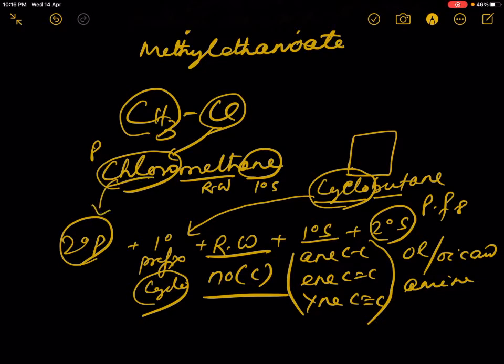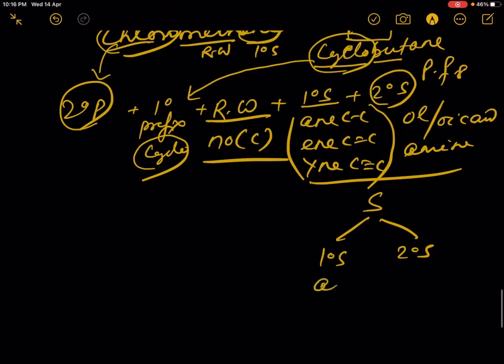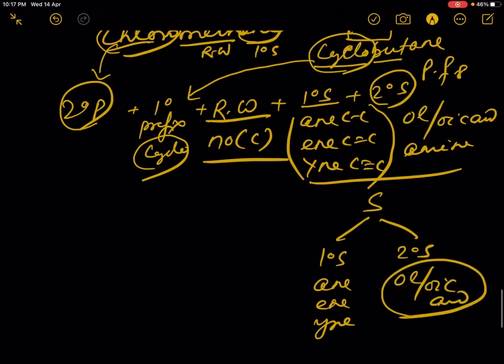So you see one thing, suffix is of two types, primary suffix and secondary suffix. Primary suffix is ANE, ENE, YNE. Secondary suffix is OL, oic acid, the principal functional group. And prefix is of two types, primary and secondary.